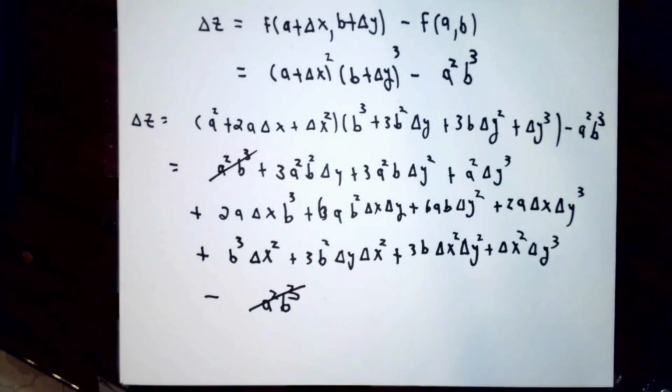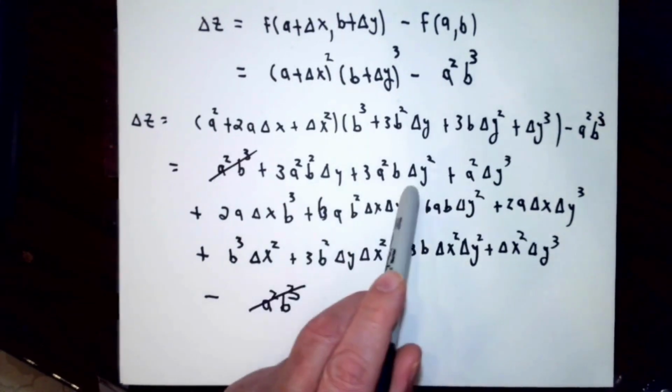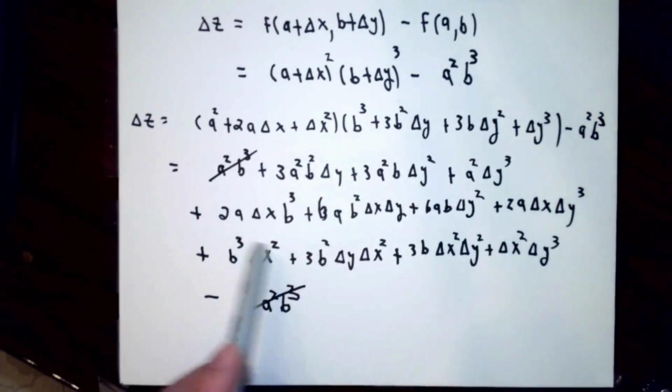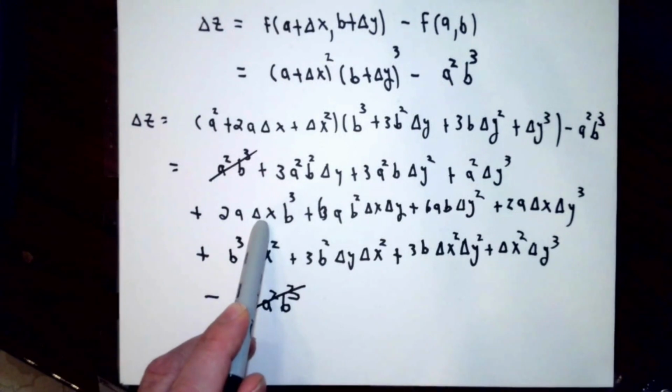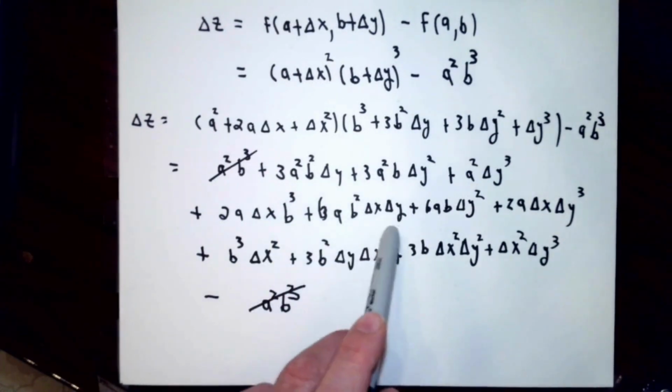Then I'm going to scan through this formula looking for terms whose delta x or delta y dependence is that it just has one delta y in it and no delta x's. There's one. No, no. Looking for delta y here.